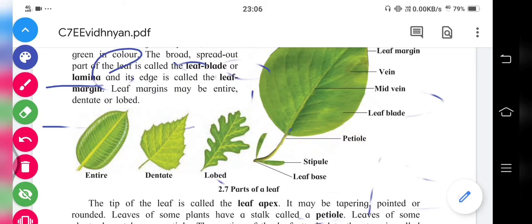Near the leaf base. This is the leaf base, and near the leaf base the stipule is present.